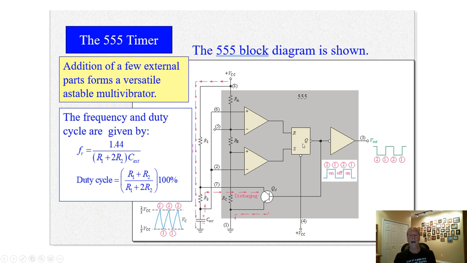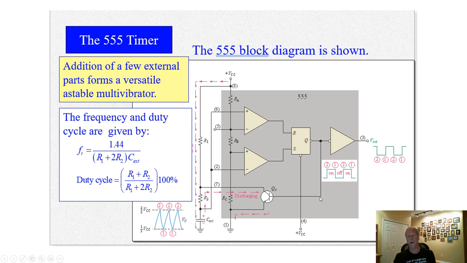Okay, so as this capacitor charges up, each one of these comparators is going to kick in or do something at different voltages. All right, and when they do, they set or reset this flip-flop. And that produces a square wave right here.